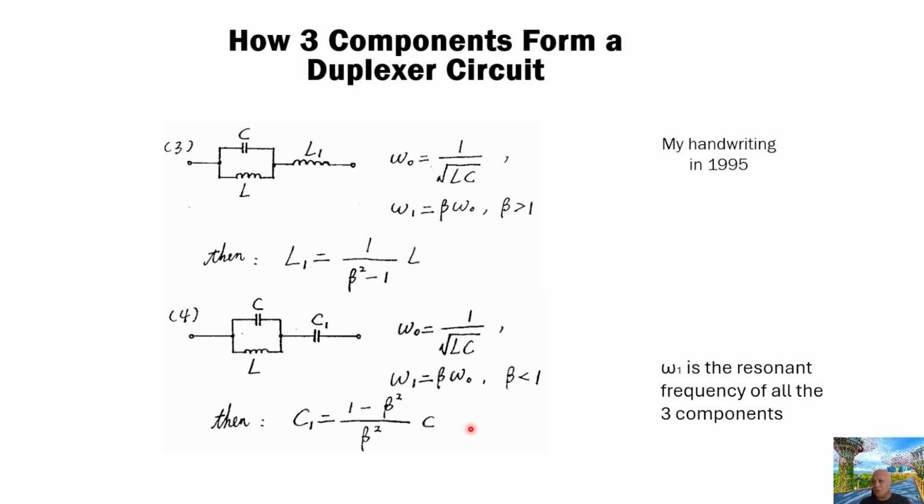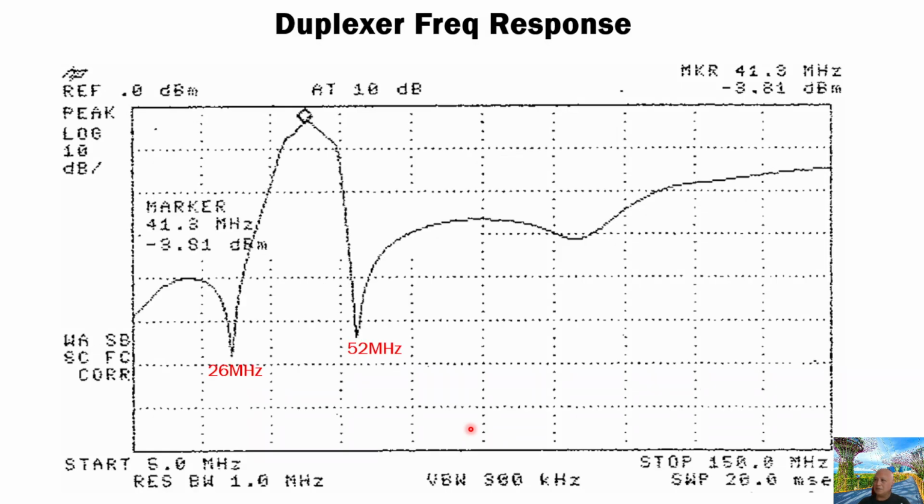So we needed to reduce the number of components and still maintain the isolation between the transmitter and the receiver. So based on this concept, I designed a duplex for the receiver path successfully. The next slide shows you the test result.